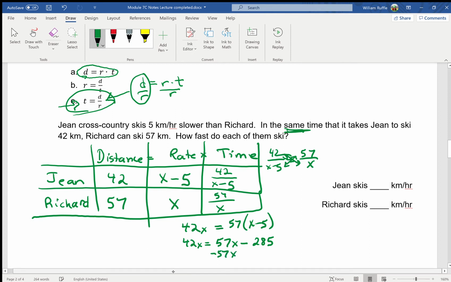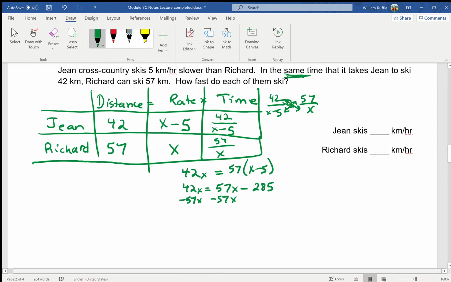I want to get the x's on the same side. So 42x minus 57x is negative 15x equals, these cancel, negative 285. I divide each side by negative 15, and I get x equals 19.